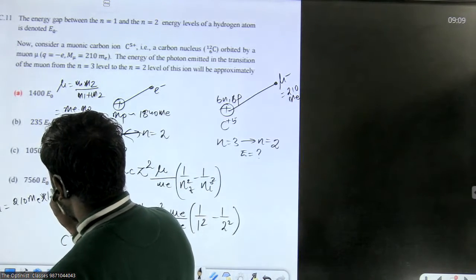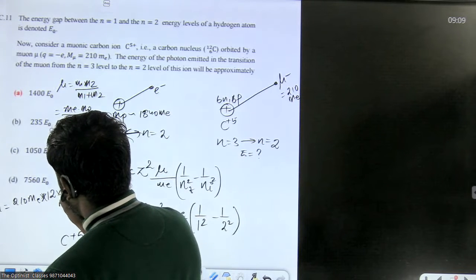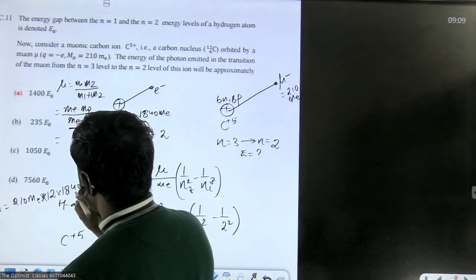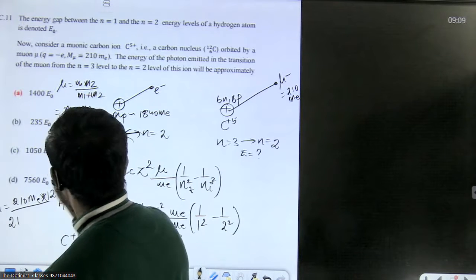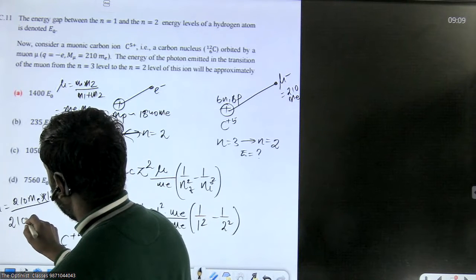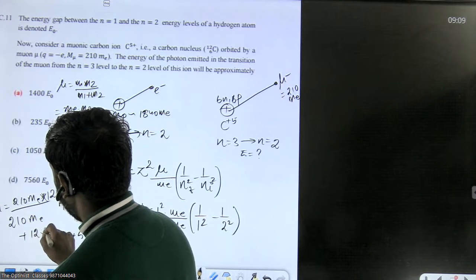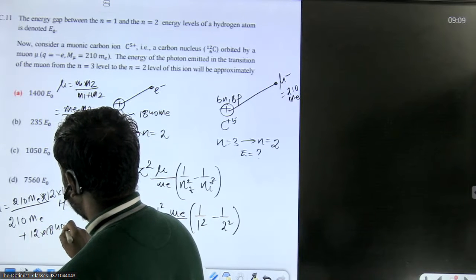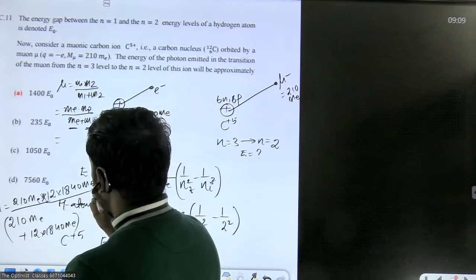Here 12 is coming because there are 12 nucleons, and each nucleon has mass 1840 times mass of electron. Divided by m1 plus m2, so in place of m1 you get 210 me plus 12 into 1840 mass of electron. So we have this situation.